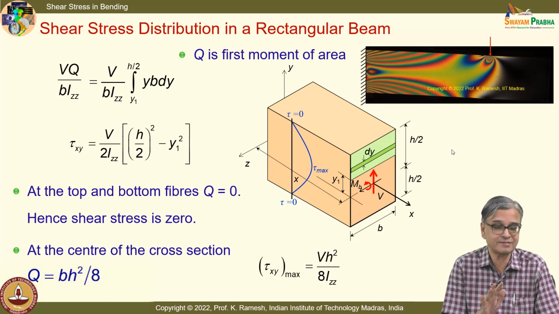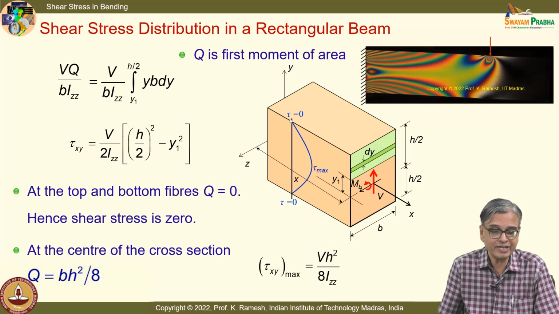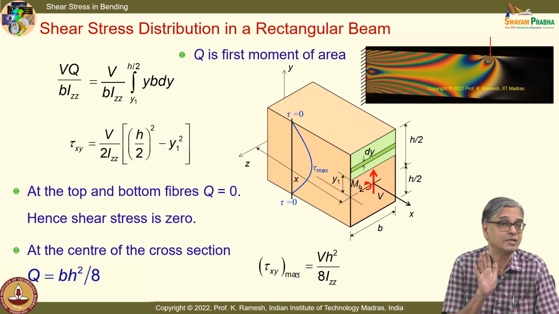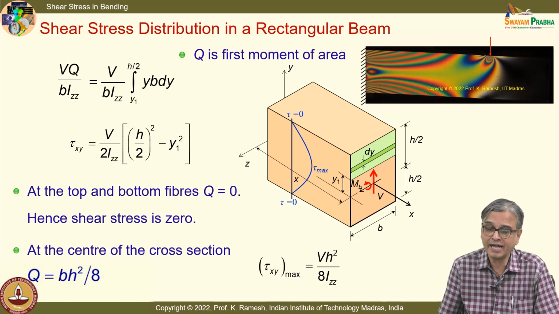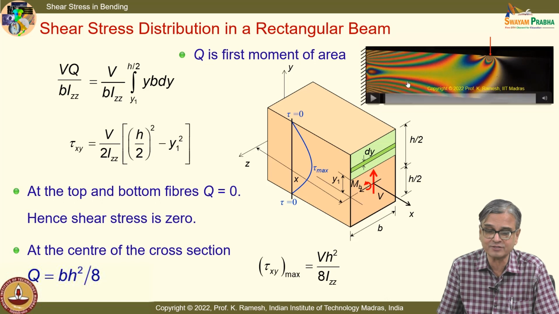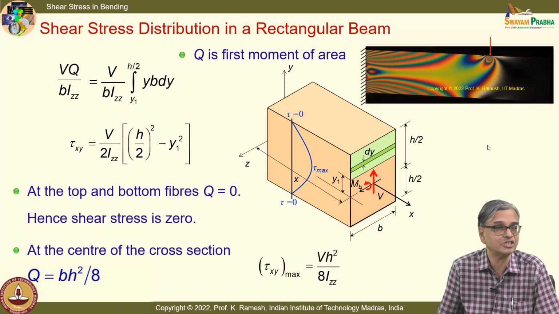Right now what we have discussed is, what is the variation of shear stress? We have not commented about the magnitude of shear stress in comparison to bending stress. The focus is only on the variation, and I have asked you to look at two aspects. One is that the centroidal axis is having a color, and the second one is that this fringe is not a straight fringe, but it is having a curvature.